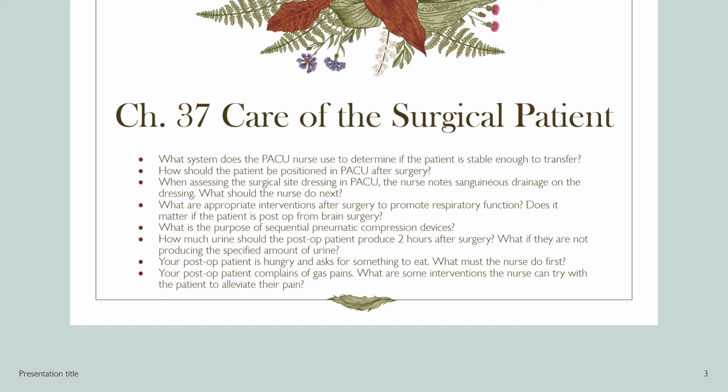Your post-op patient complains of gas pains. What are some interventions the nurse could try to alleviate that pain? We can find that information on page 771. Abdominal distension and considerable flatulence may occur after general anesthesia because the gastrointestinal tract action ceases. This can cause discomfort. Ambulating is helpful in moving and evacuating this gas.